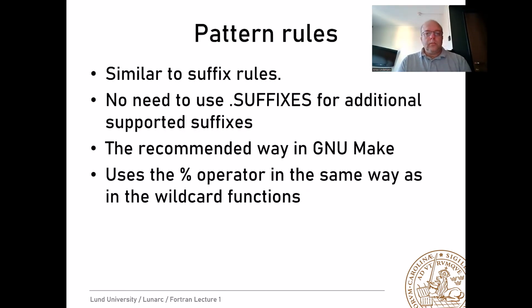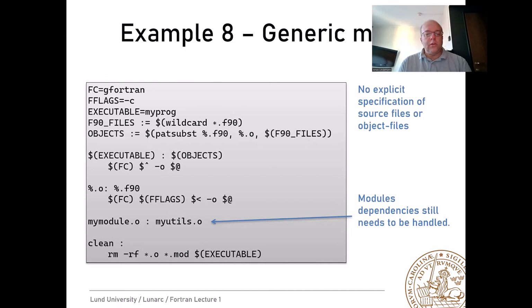Then there's also another way of achieving the same thing. Instead of using this rule .f90.o, you can use pattern rules. And in this case, there's no need to use the .SUFFIXES for additional files. And this is also the recommended way in Make to do this. It achieves this using the % operator, the same way as for the wildcard functions.